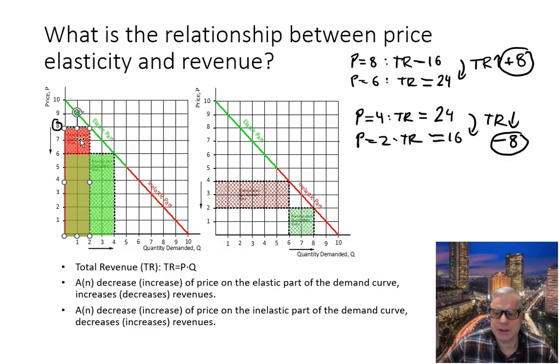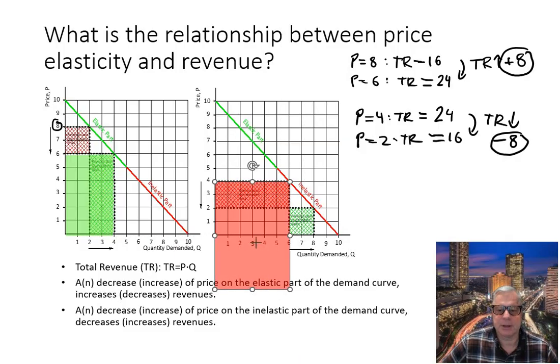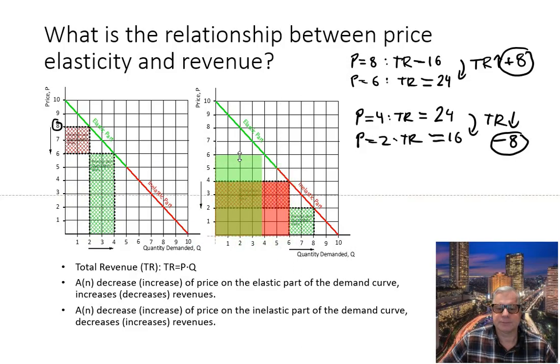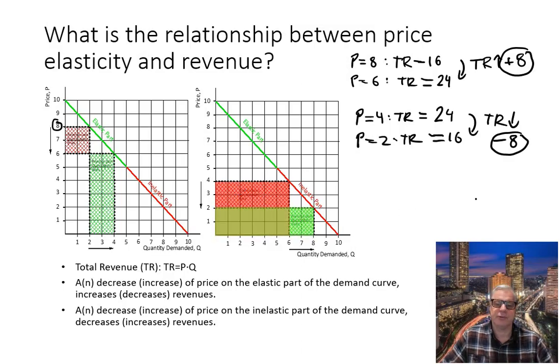Okay, so now let's do the same thing when we lower the price on the inelastic part. This is our total revenue associated with the price of 4. And this green area is now the total revenue associated with the price of 2. Now you see we lose this upper part, which is 1, 2, 3, 4, 5, 6, 7, 8, 9, 10, 11, 12.